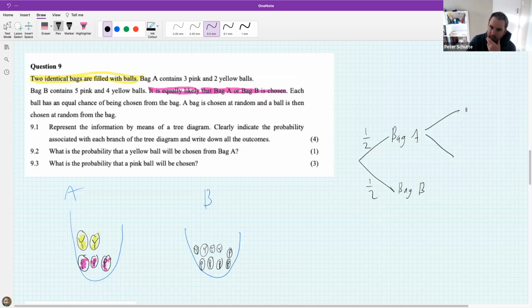So it's going to be pink and yellow, or yellow and pink, whichever order you want to do this in. So pink and yellow. Now, what is the probability of choosing a pink ball in bag A? So tell me, what is the probability of getting a pink ball in bag A? Look at the drawing and look at the colors and see what you notice.